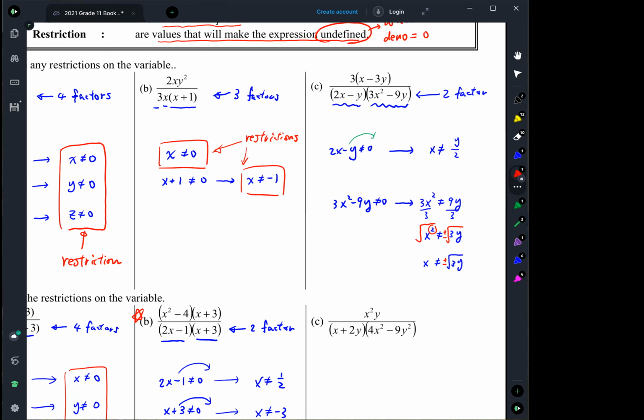So in total, you have 3 restrictions. I'll explain on the side why we need plus minus. Suppose we have x squared equal to 25. A number squared, a number times itself, can equal 25. So I will put the square root on, right?